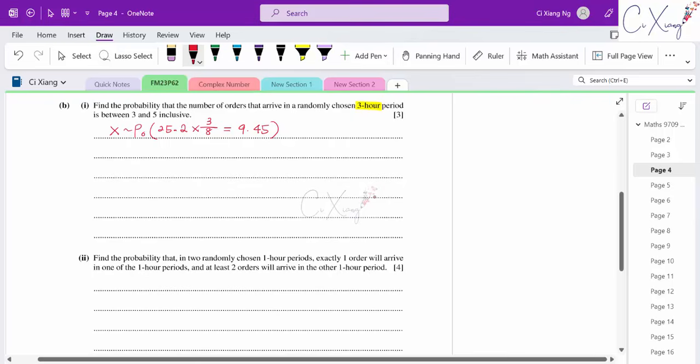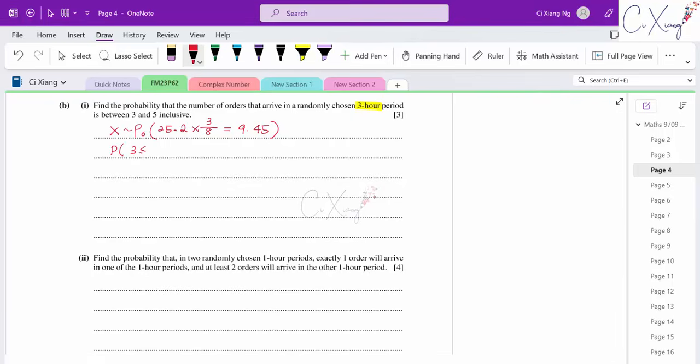Okay, so for the 9.45 here, if I want to calculate the probability that X is between 3 and 5 inclusive, you can see that we put an equal sign here. The general formula for Poisson, to recall very quickly: the probability of X equals r is e to the negative lambda, times lambda to the power r, divided by r factorial.